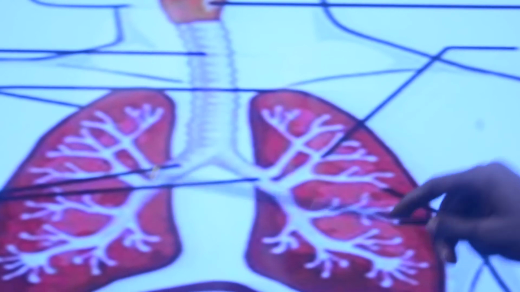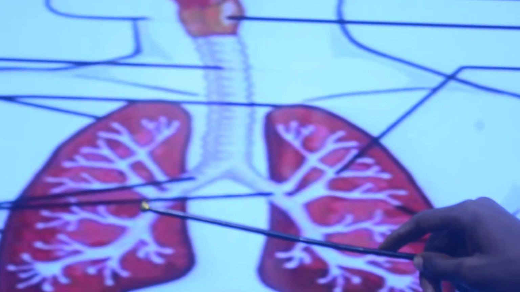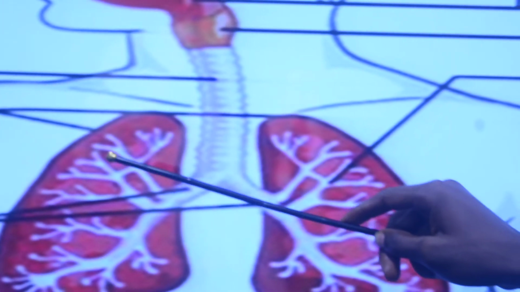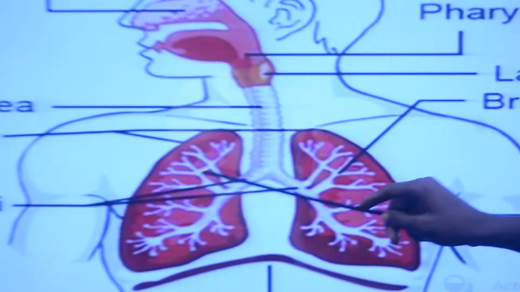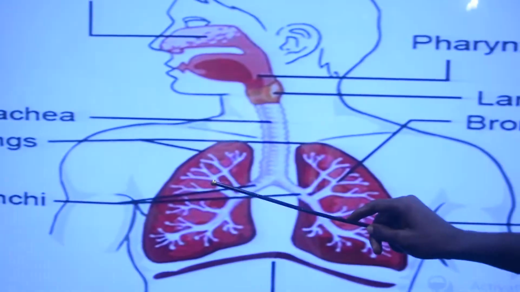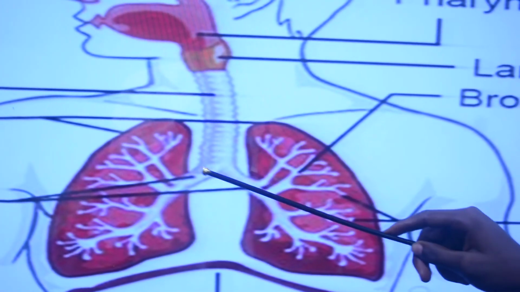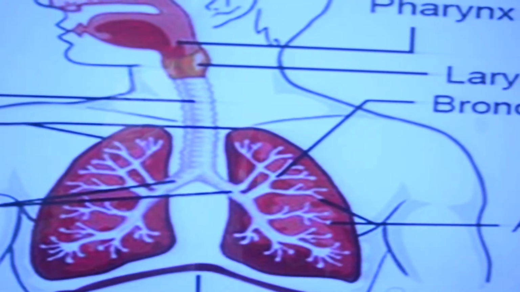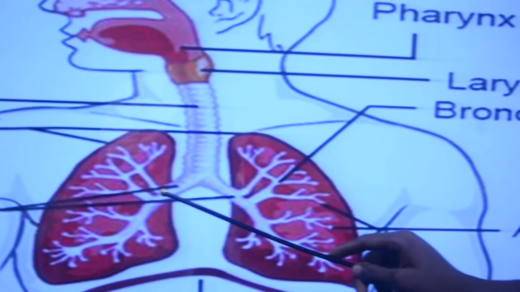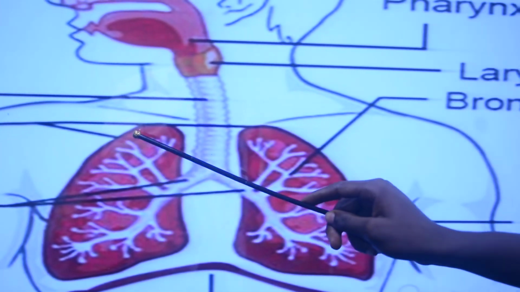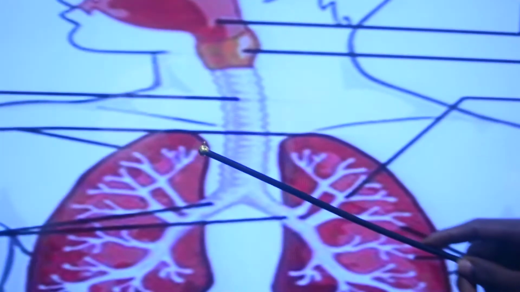Look at these branches. It's just like having a tree and some branches. Those branches you see here are what we term as the bronchioles, the tiny branches you see here. From there, the air enters into some tiny sacs found at the end of each bronchiole.